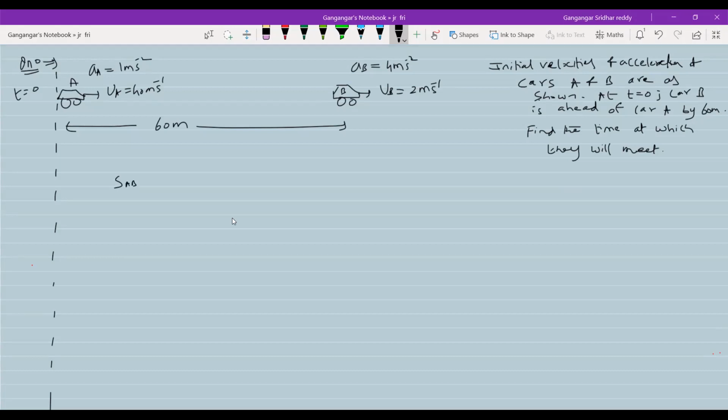I'll proceed like this. SAB final, so this should be 0. Initial separation: this will be at origin, this is ahead of this, plus 60. Initial velocity of car A plus 40. Anything directed towards right is positive.